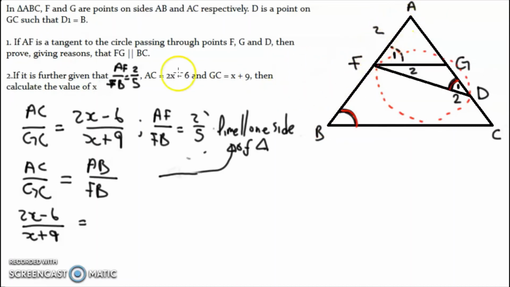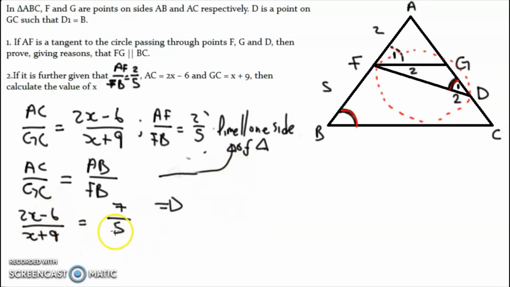AF is 2 as given, FB is 5, therefore AB will be 7, because that's 2 plus 5. Over FB, FB is simply 5.